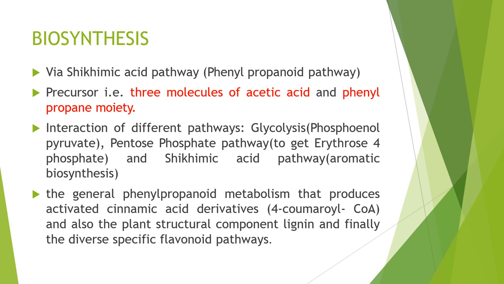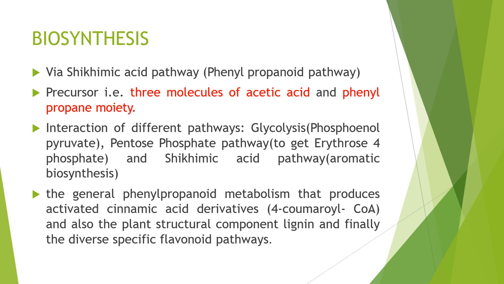Then biosynthesis. Already we discussed in the beginning that plant flavonoids are biosynthesized through the shikimic acid pathway or amino acids, using the pathway of phenylalanine or tyrosine. Then the precursors are 3 molecules of acetic acid and the phenyl propane moiety, that is the C6-C3 moiety.